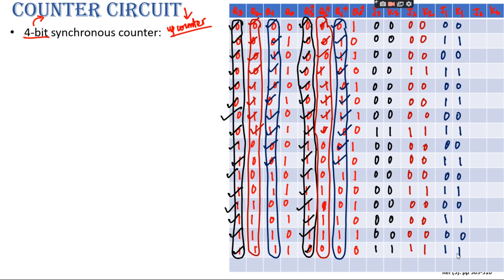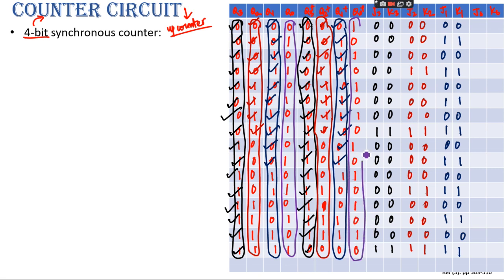You can verify it later on when you will be doing it by yourself. So similarly, for the last part, we can consider Q0, compare the result with Q0 plus, and you can see 0 to 1 means state change, 1 to 0 means state change, 0 to 1 means state change.